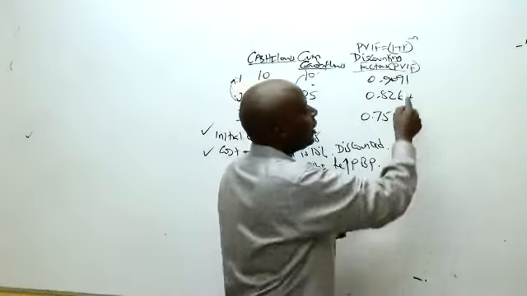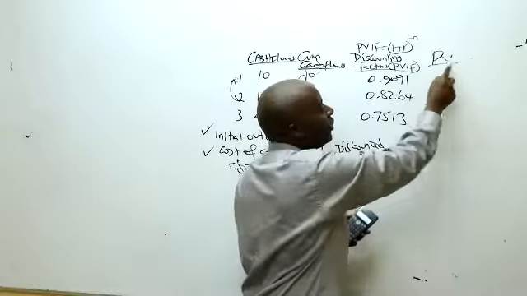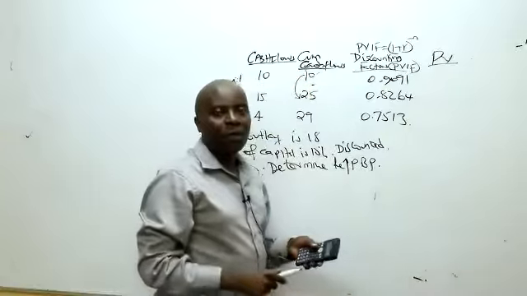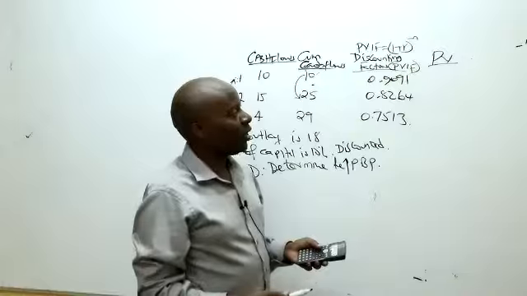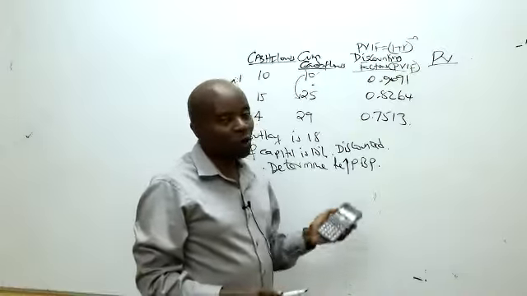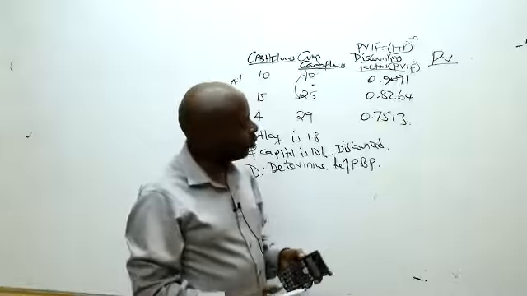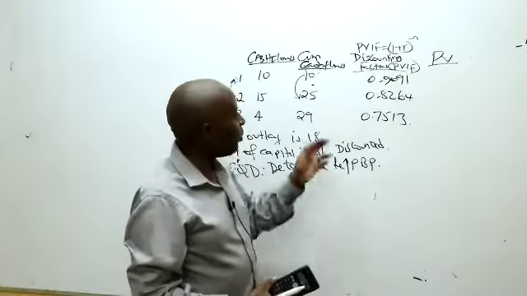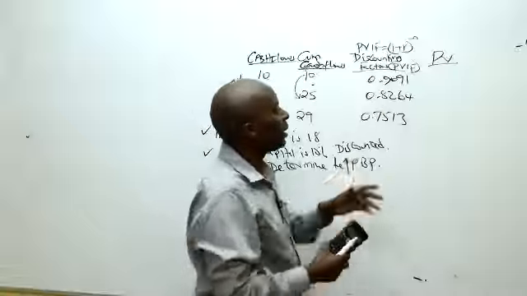And then you come and create a column of discounted cash flows, where you discount now your cash flows. Discounted cash flows are also known as what here? Present values.